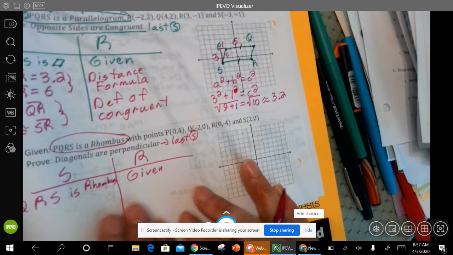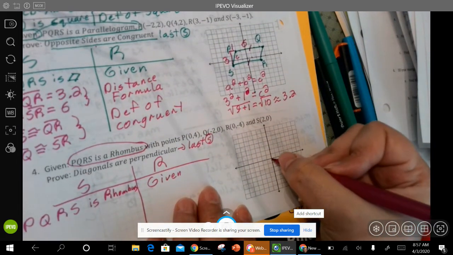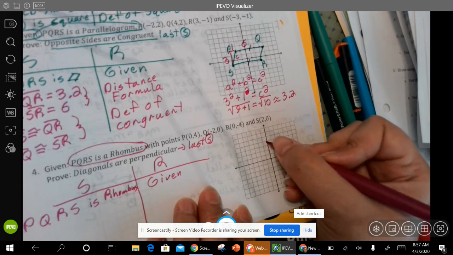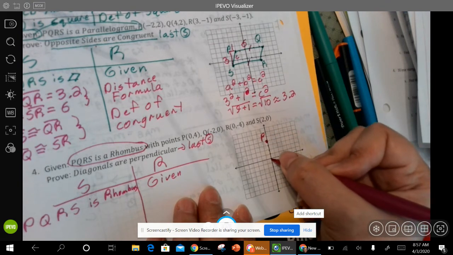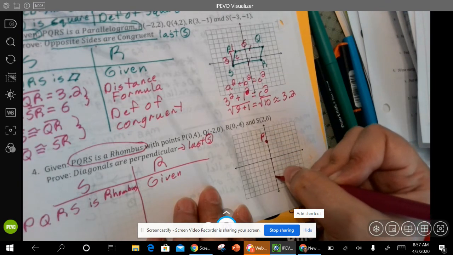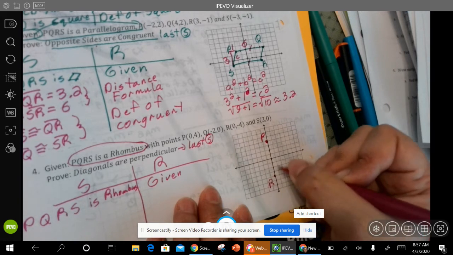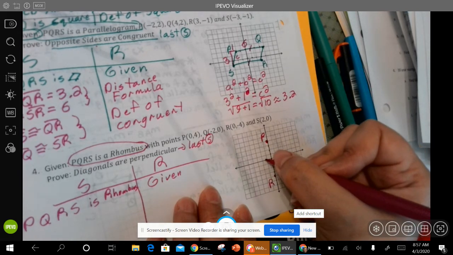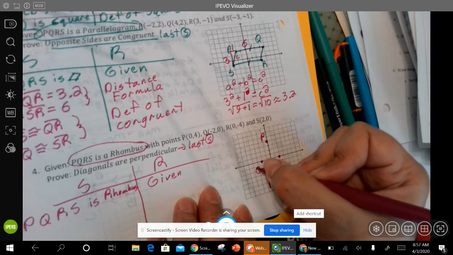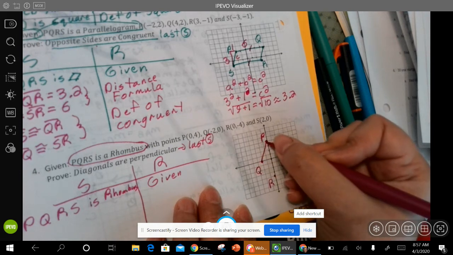I'm going to go ahead and graph it. So 0, 1, 2, 3, 4. 1, 2, 3, 4 for R. And then S is here. Q is over here, left 2. We connect them.